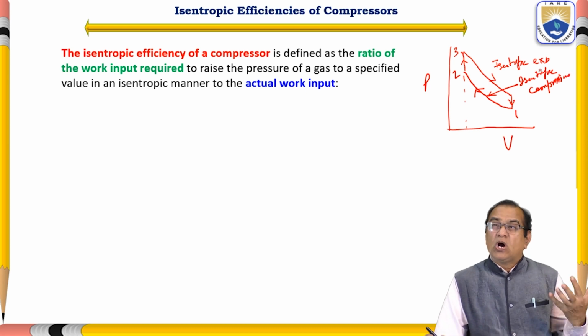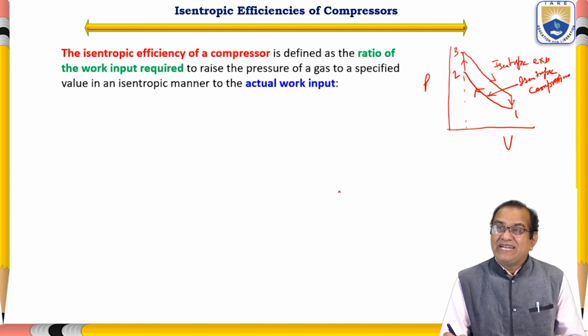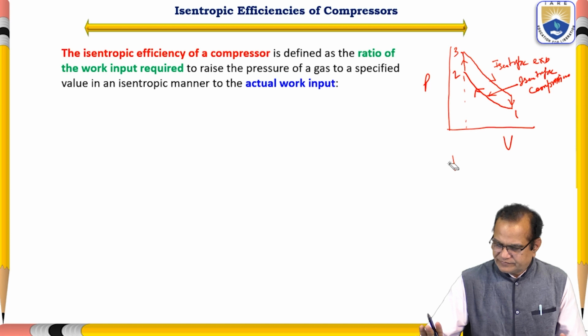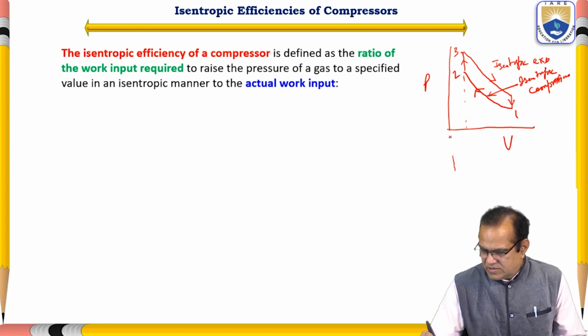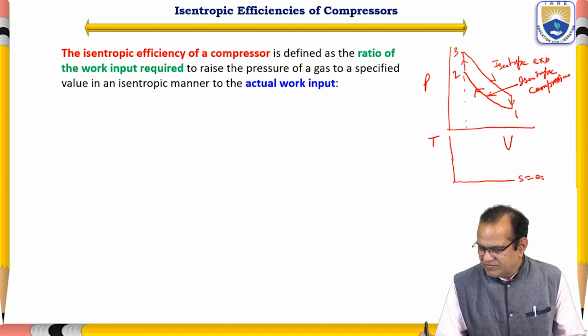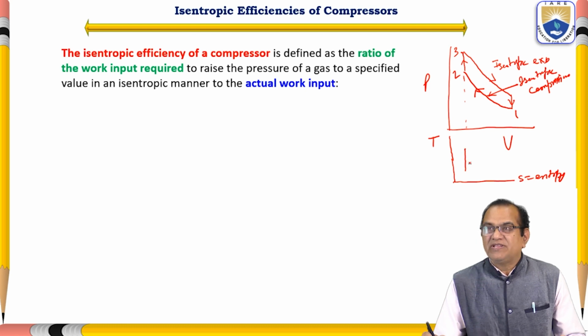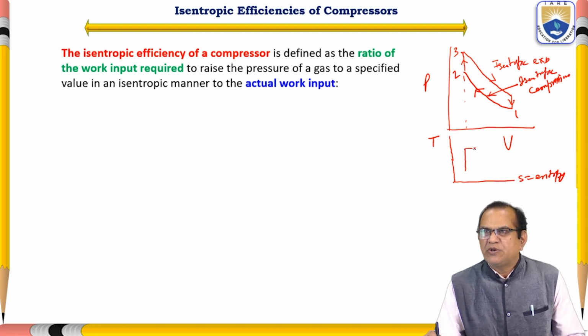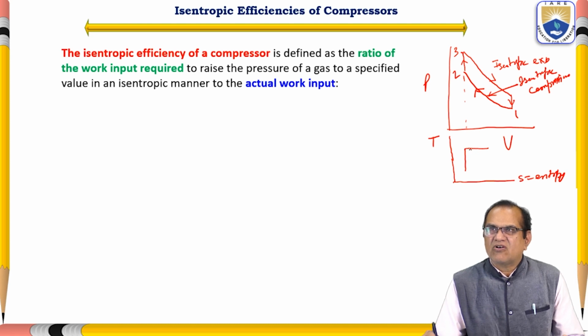Okay, so what is the meaning of isentropic? If I draw a small TS diagram here itself, T and S, where S is the entropy, then 1 to 2 will be a vertical line. Then 2 to 3 is a constant volume line.